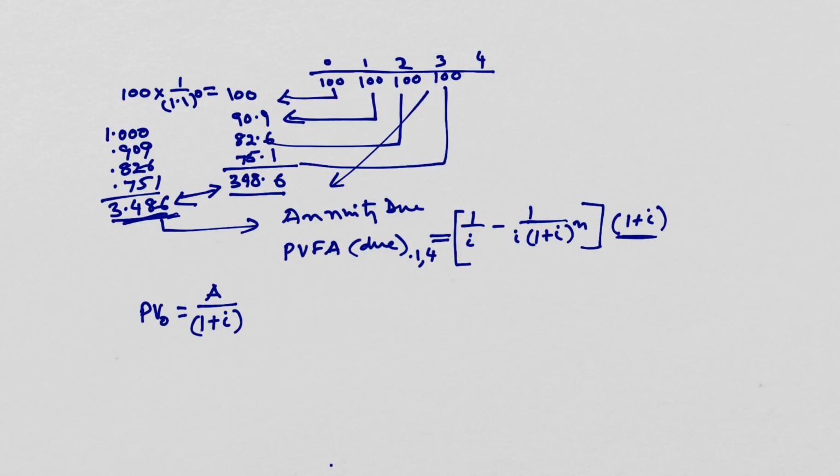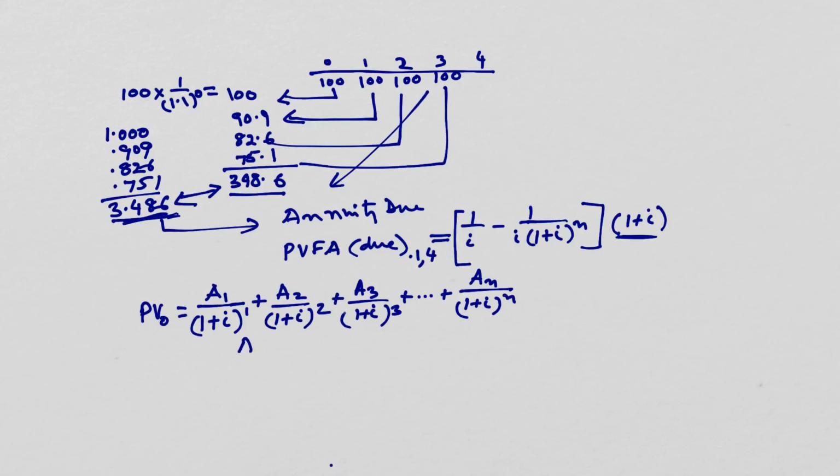If I start getting it from year 0, I will write raised to 0. This is A1, then this is A2, 1 plus i raised to 2. This was 1. And A3, 1 plus i raised to 3. This can go to any number. So An divided by 1 plus i raised to n.